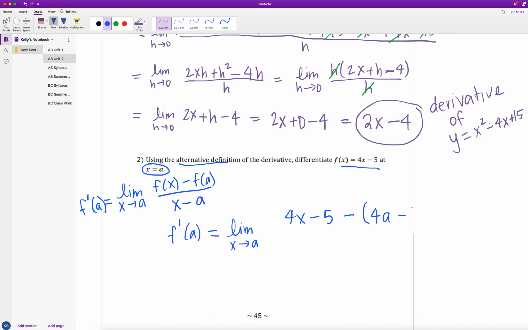So I'll get 4a minus 5, all over x minus a. Take a second to make sure that you agree with the setup there of f of x minus f of a over x minus a. From here, let's simplify what we can. Why don't you pause the video and combine any like terms that you can.